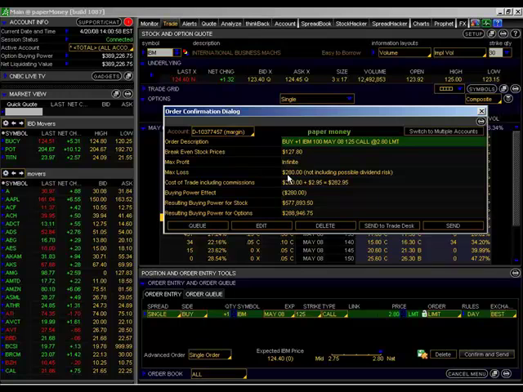So whatever the price of that option is, $2.80, you have to multiply by 100 to determine your exact cost. Including your commissions of $2.95 for one contract, your total cost is $282.95. Now, how would you determine whether or not you would ever make a profit?